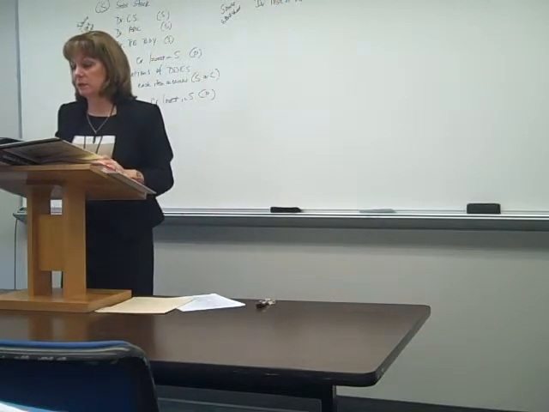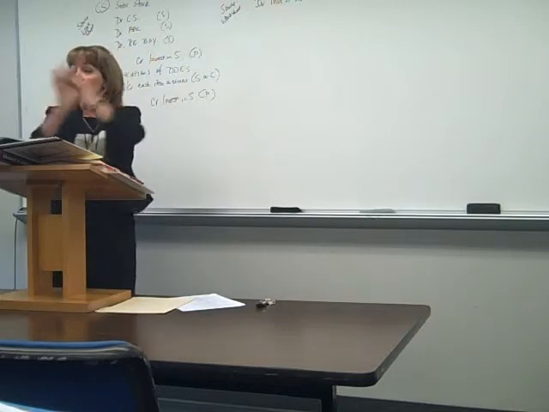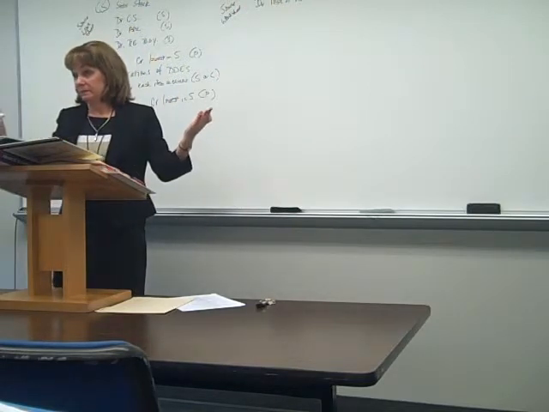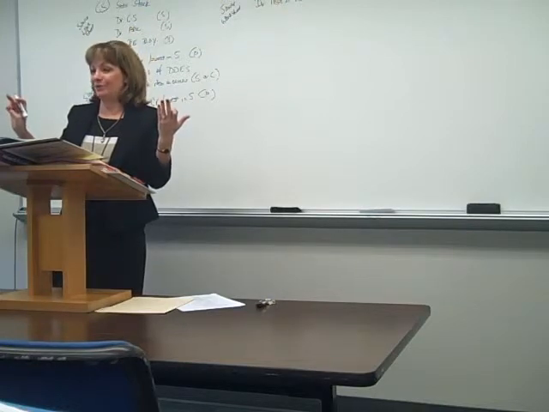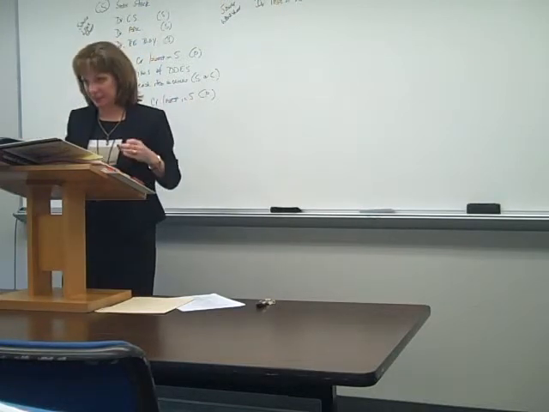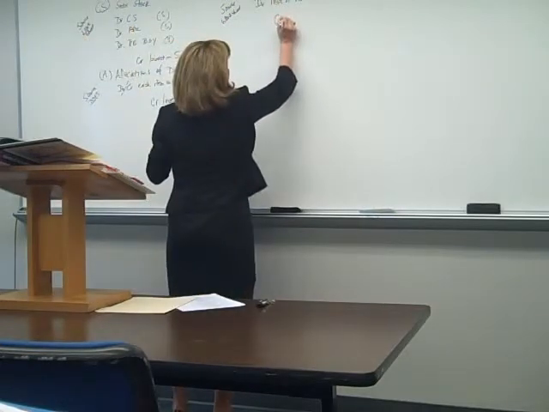So what we're doing is we are reversing out that entry that we made under the equity method at the end of the year. We're undoing it. And it's going against the investment.